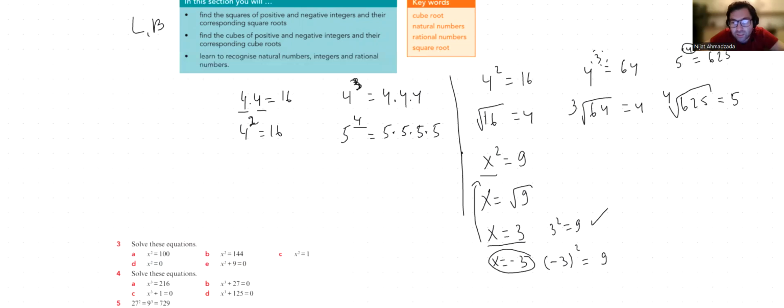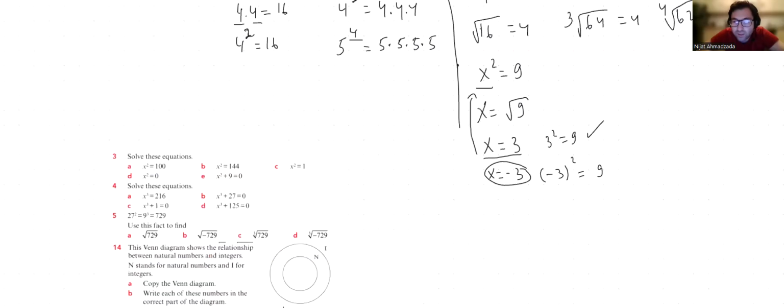Because negative 3 squared is the same thing as negative 3 times negative 3. We know that negative times negative is positive. 3 times 3 is 9. So our answer is still positive 9. So notice when we have something like x squared is equal to 9, x has two different results.